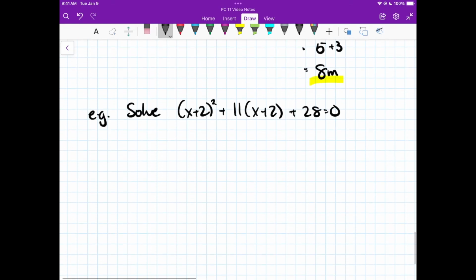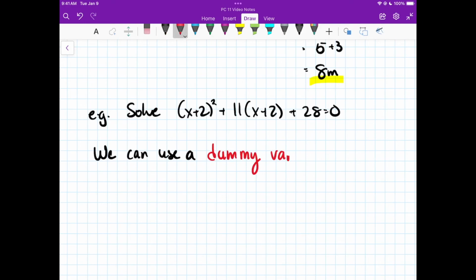So what we're going to do instead is I'm going to introduce something new to you. We're going to use what we call a dummy variable, which might sound like a not very nice thing to call something, but what a dummy variable means is it is a variable, and a dummy is like a stand-in for something else.